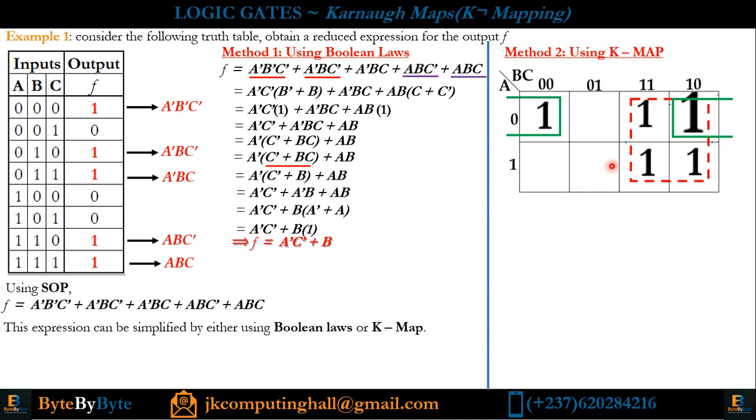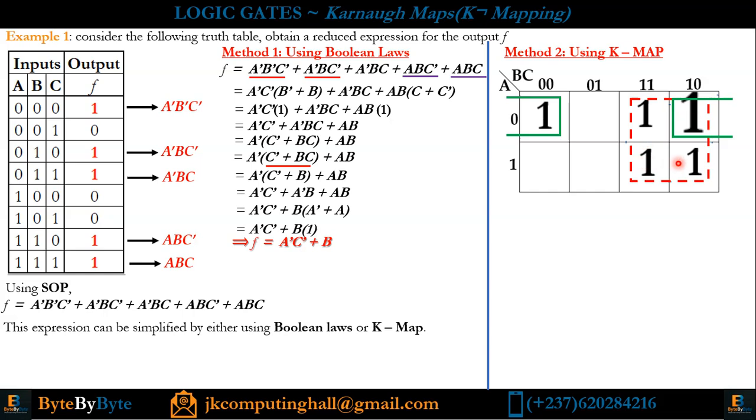Now let us try and obtain their expression. It is true that for a rectangle with more than 2 inputs, it's a little bit complicated, but let us understand it very well. Okay. From this input to this input, we see that A is changing because at this level A is 0, at this level A is 1. Now let us check for B and C. From this input to this input, B remains the same because B at this level is 1, B at this level is 1.